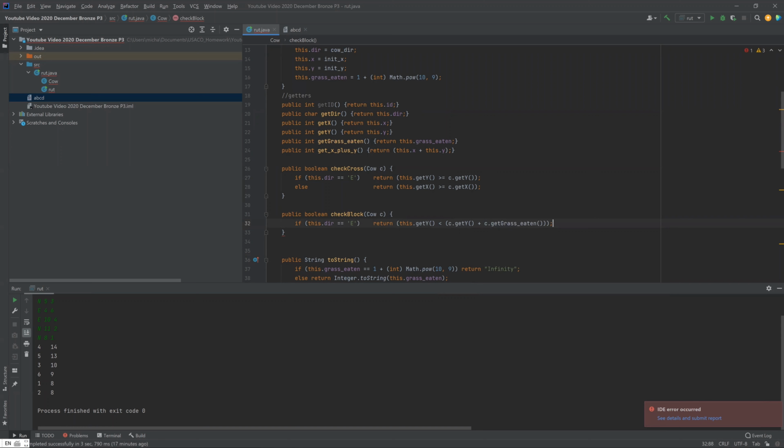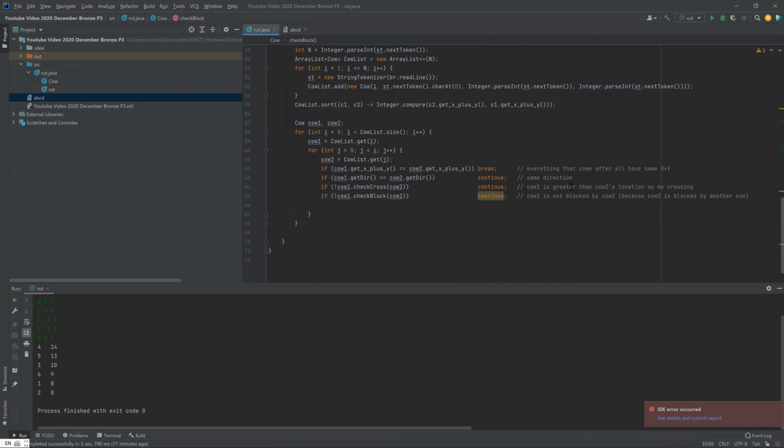Otherwise, I will not be blocked. Else, return this dot get x is less than c dot the x position plus however much grass it will eat. All right, so that's to check if they block each other.